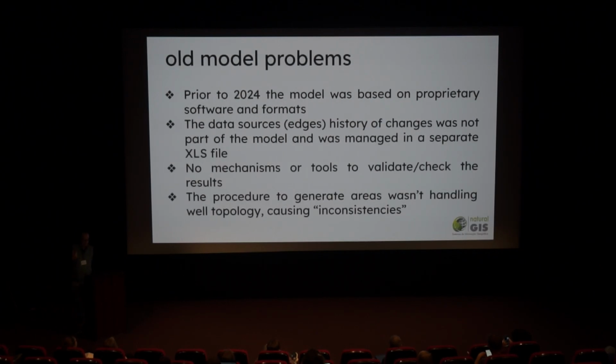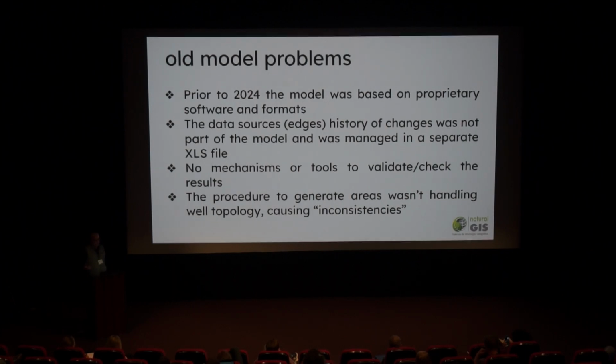What they had before was a model based on proprietary software and formats, and the model was not really good. It had a lot of problems. One of them is that the history of changes of the boundaries and the reason for changes was not part of the model, and this list was actually stored in an Excel file.